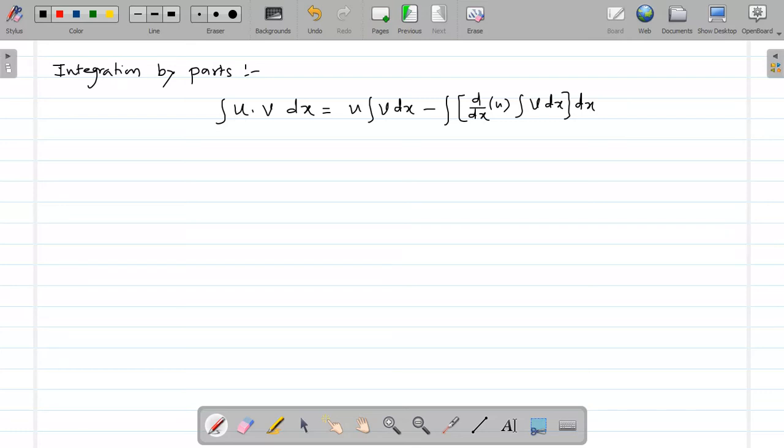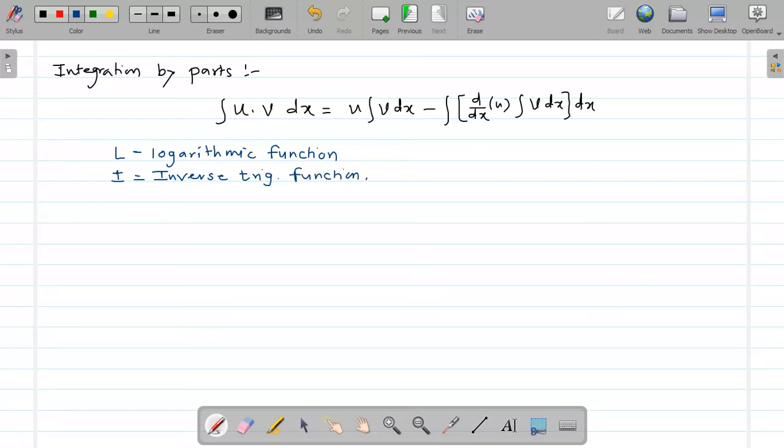Now what are the different types of functions in which we have to take the product of those two different types of functions? So first function will be logarithmic function. So L for logarithmic function. Then I for inverse trigonometric function.